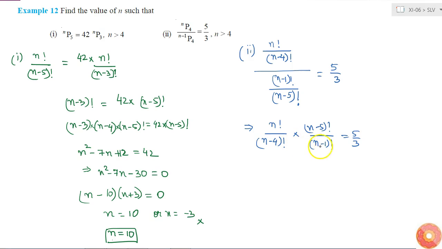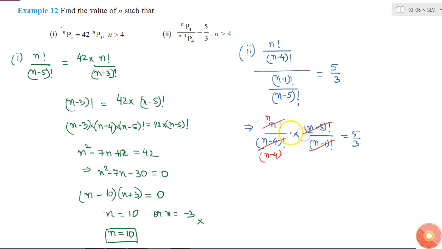So if I want to cancel some terms, I can cancel (n minus 1) factorial from here and here. I'll be left with n, because n factorial is equal to n into (n minus 1) factorial. Similarly, (n minus 4) factorial is equal to (n minus 4) into (n minus 5) factorial.